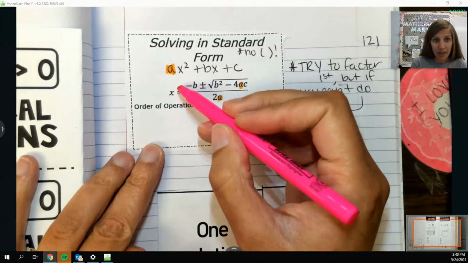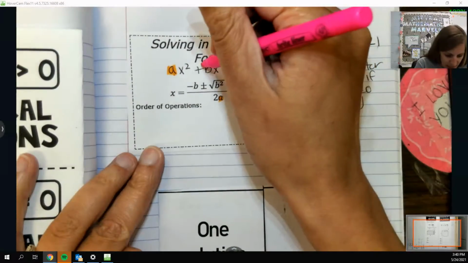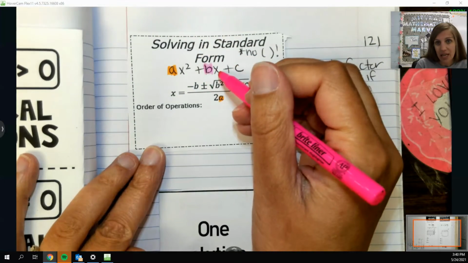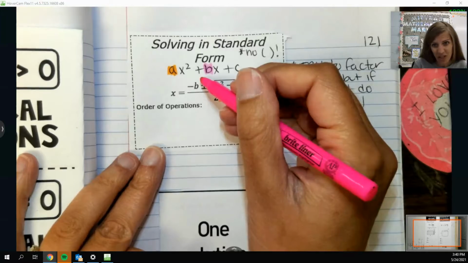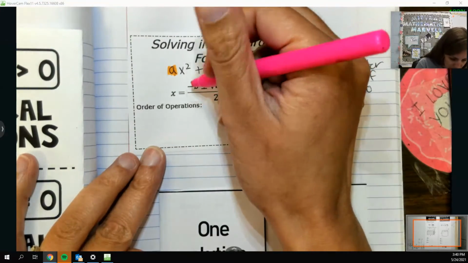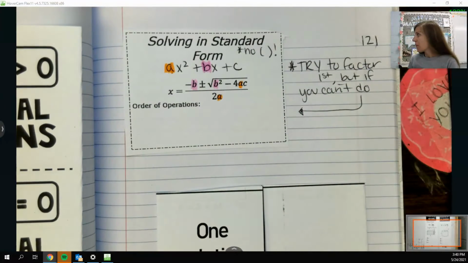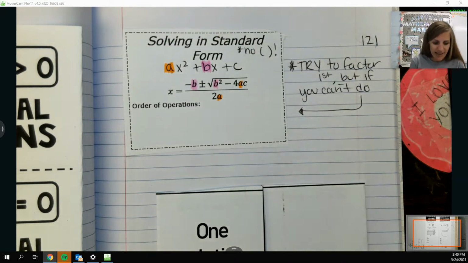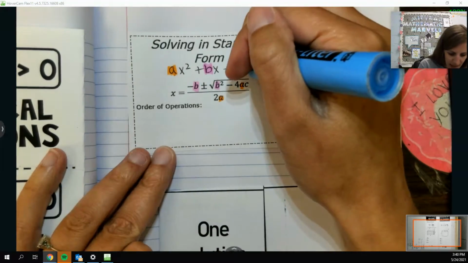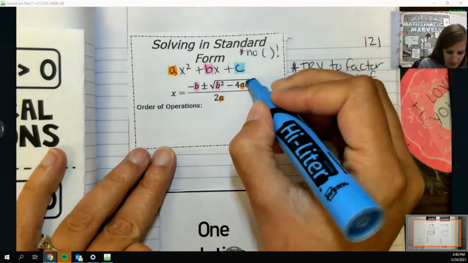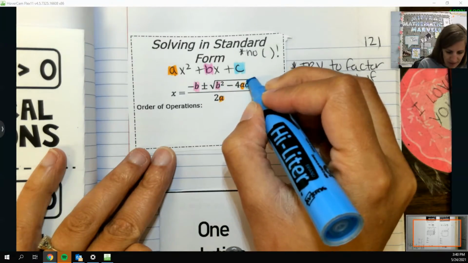It's on the x squared. b is always on the x, and so whatever number is on the x, not the x itself, just the number, we will replace that number with b. And then finally, the last number that is all by itself, not on an x, that number is c. And so wherever I see c, we'll replace it with that number.